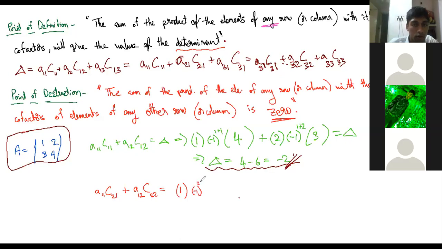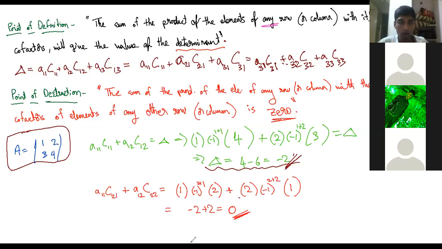Minus 1 power 2 plus 1 into 2. Plus what is A12? 2. 2 into minus 1 power 2 plus 2 into 1, which is equal to minus 2 plus 2, 0. Don't think sir कुछ छोटे एग्जांपल ले ले इसीलिए आपको 0 आ गया.